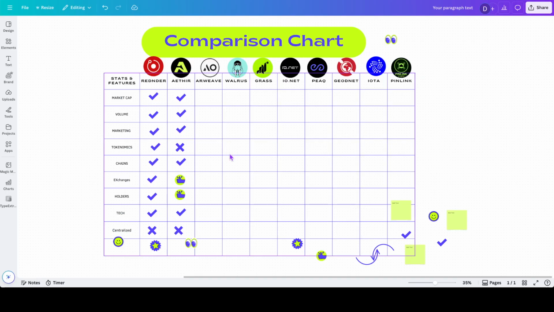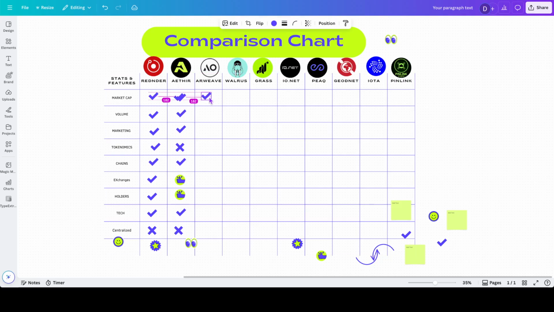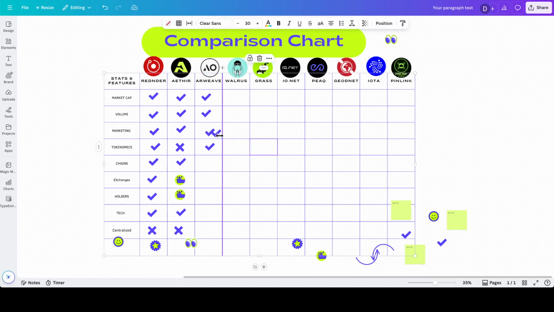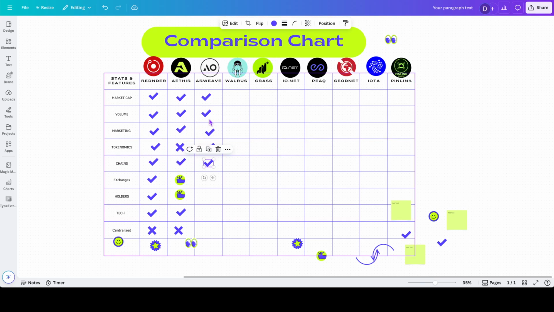So what we need to do is go back to Aethir, and we need to give Aethir a check. For me, market cap is mature, volume to market cap is good, of course. And then what we have here is marketing. Now, Arweave's tokenomics, let's give them a check. It's a layer 1, so it's its own chain.